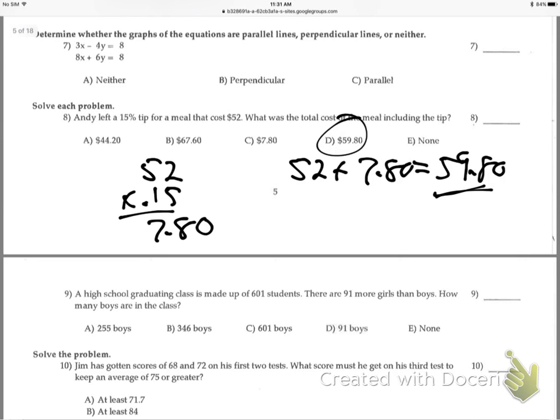All right, let's do number 9. High school graduating class, 601 students, 91 more girls than boys. How many boys? So we're getting into those word problems now. See if you can set up the formula for that.